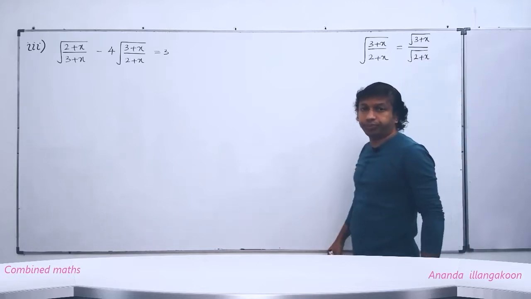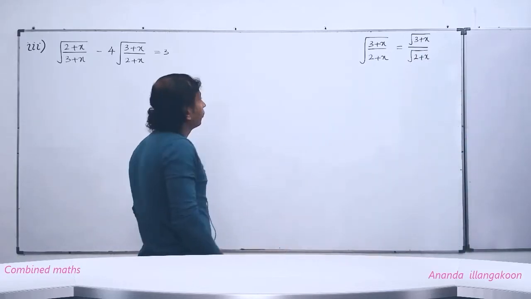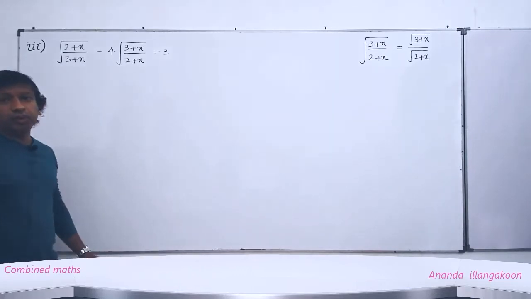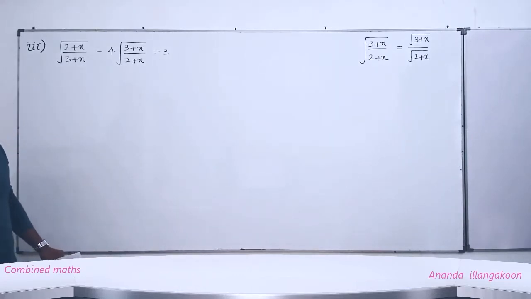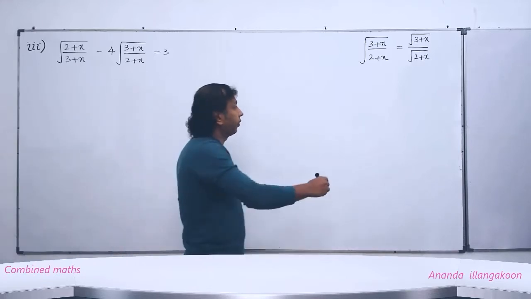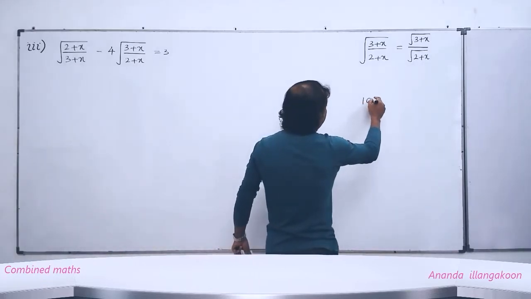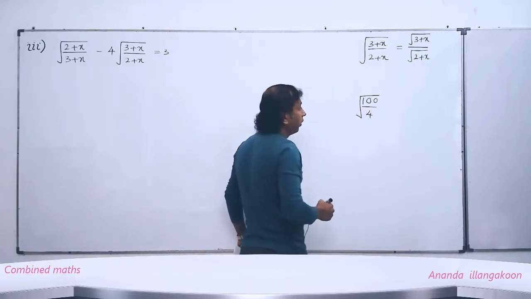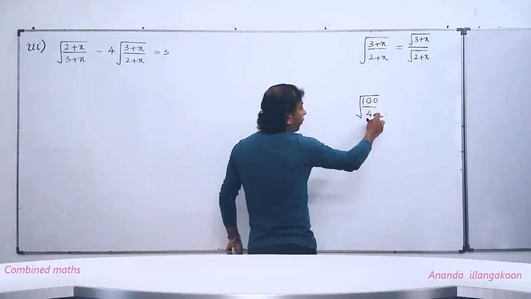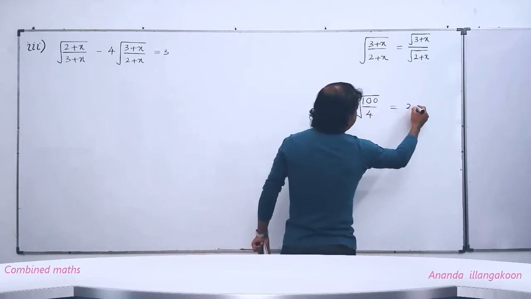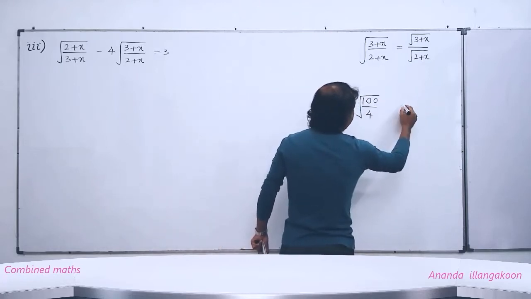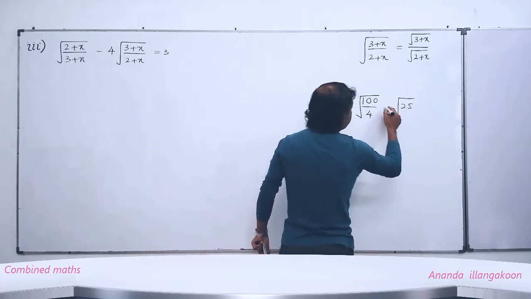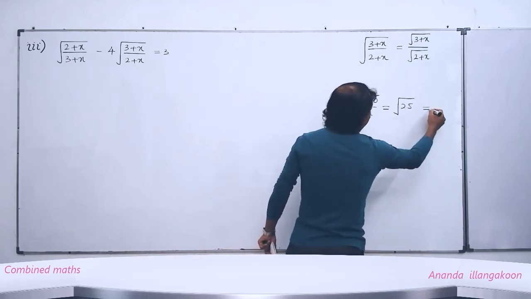Okay. Now, for this, you can take one example. Suppose here the root of 100 divided by 4. Really, 100 divided by 4 is 25. Its root is 5, people.